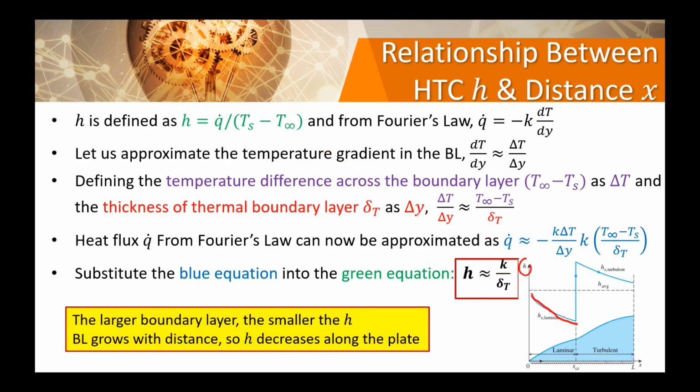Okay, you see, laminar is only good at the leading edge, very close to the source of the incoming fluid. But when you come into the turbulent region, the H is high. The H shoots up, and then it decays very slowly.